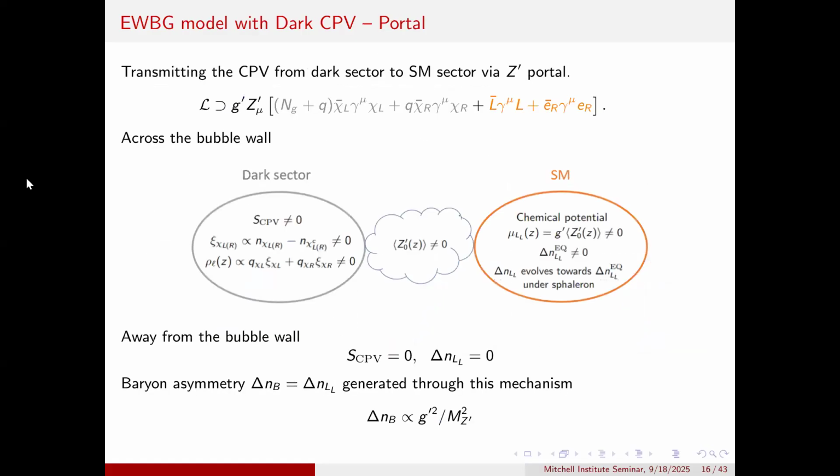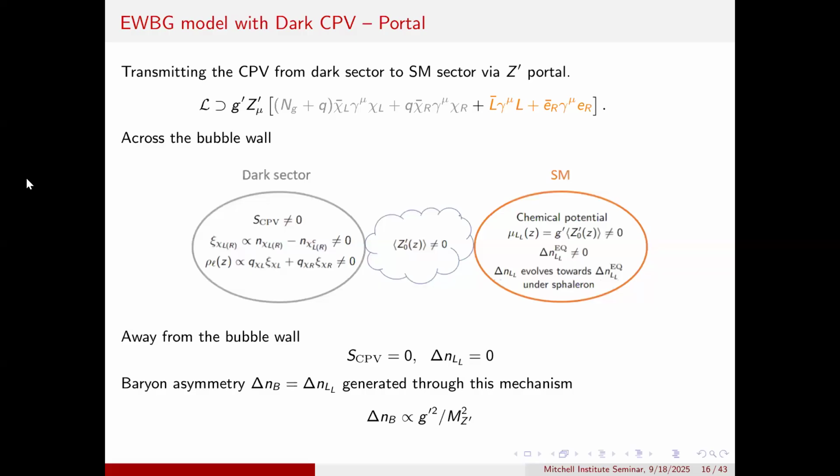So then the question is, how do we transfer the CP asymmetry in the dark sector to the standard model sector? And the answer is through the Z prime portal, which talks to both the chi and the standard model leptons. So near the bubble wall, we break CP symmetry, and we generate a non-zero number of chi L minus chi L bar.